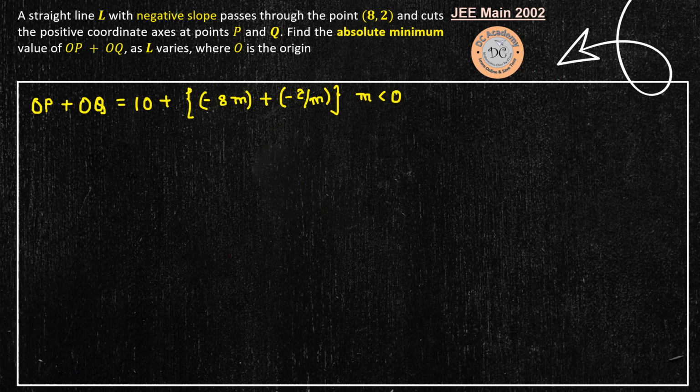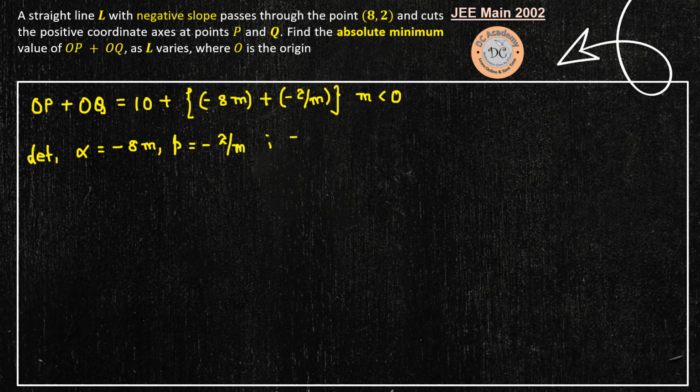Now, observe that OP plus OQ is a function of m. So we can easily apply the application of derivatives to find the maximum and minimum, but it's not required here. We'll use some other concept. So first, let alpha be equal to minus 2m and beta be equal to minus 8 by m.